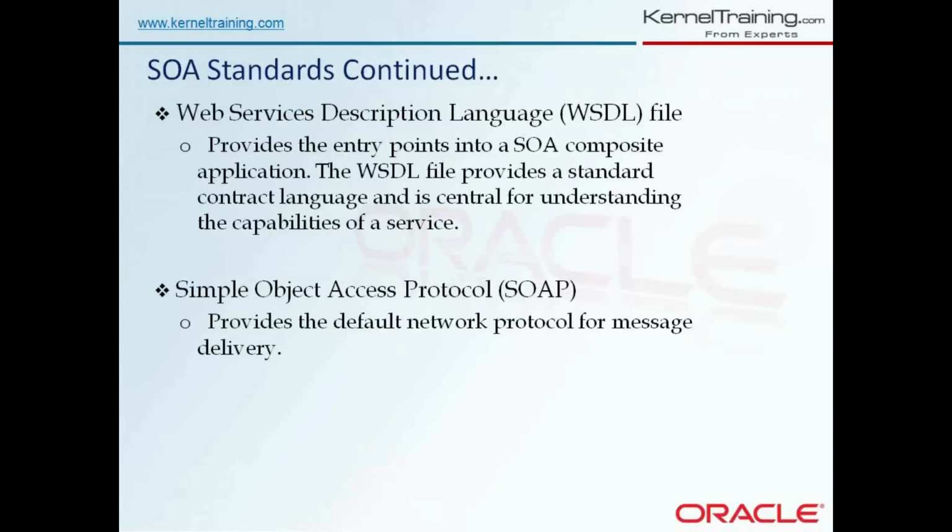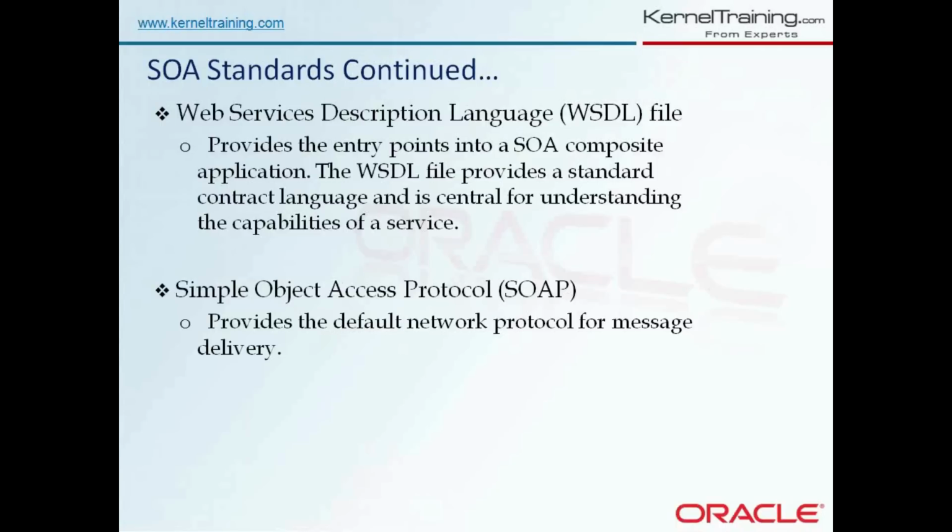Contract in the sense of what its input message will be, what its output message will be, to which service it will bind, the address of the service, the URL of the service. It will have a port, if it's a synchronous or asynchronous service. I will define later what is synchronous and what is asynchronous. Based on that, ports will be defined. So everything regarding a web service will be designed in the WSDL file.